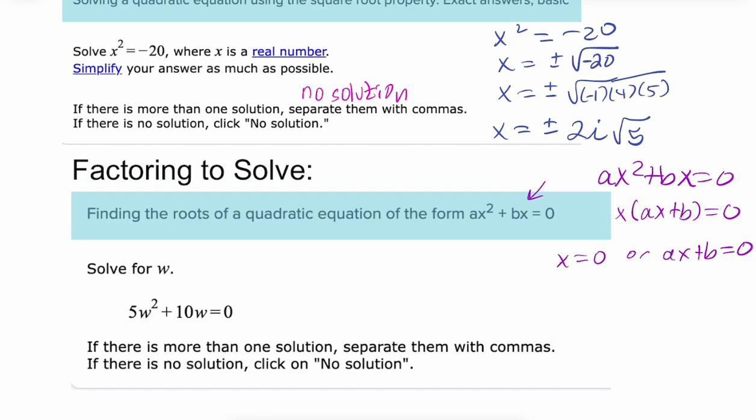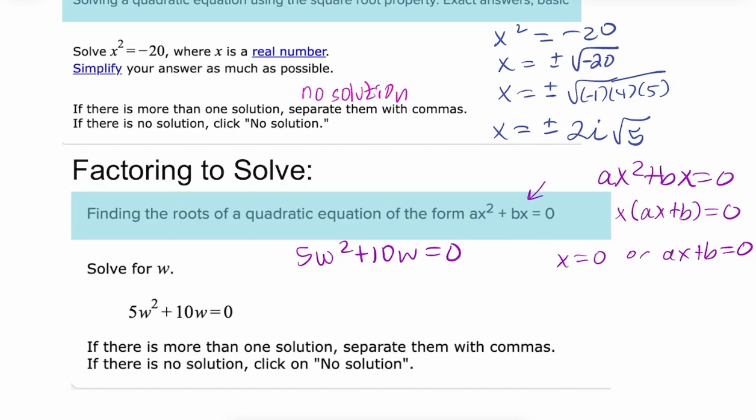So let's look at the example. It says 5w squared plus 10w equals 0. Solve for w. Now, in that case, I think one of the most effective ways to solve a quadratic is to factor it if you can.